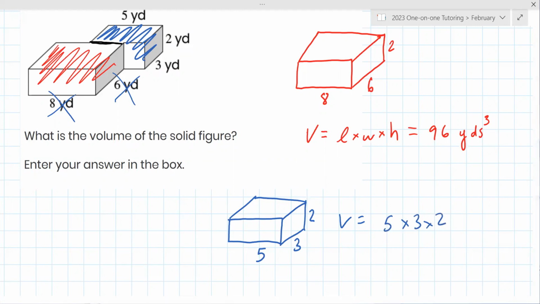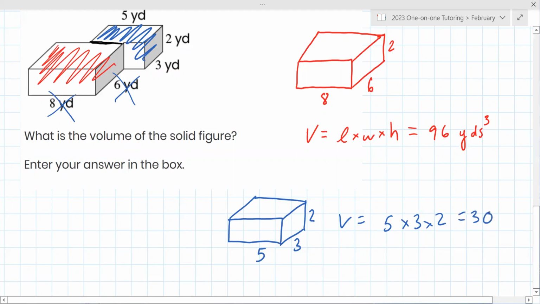Can I try one more time really quick? Yeah, just make sure those are the three numbers that you're multiplying. 5 times 3 is... 30, right? What are the units though?